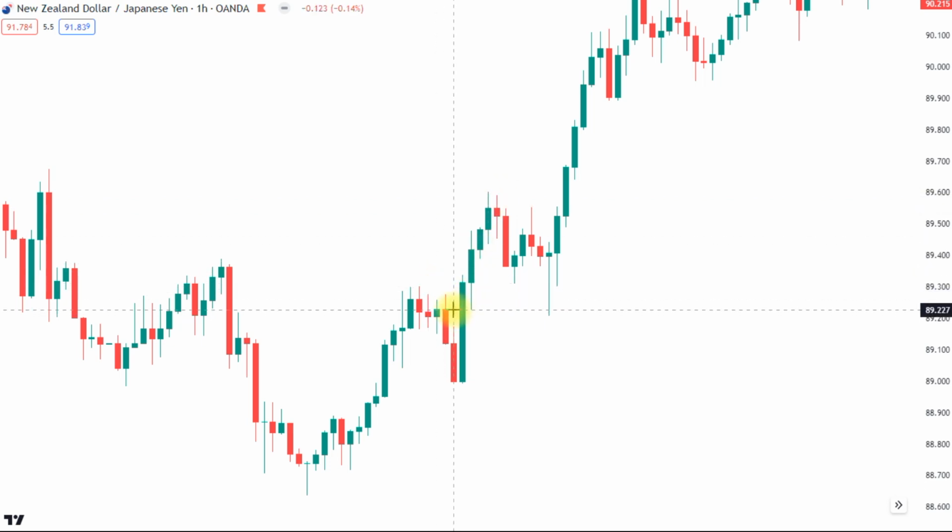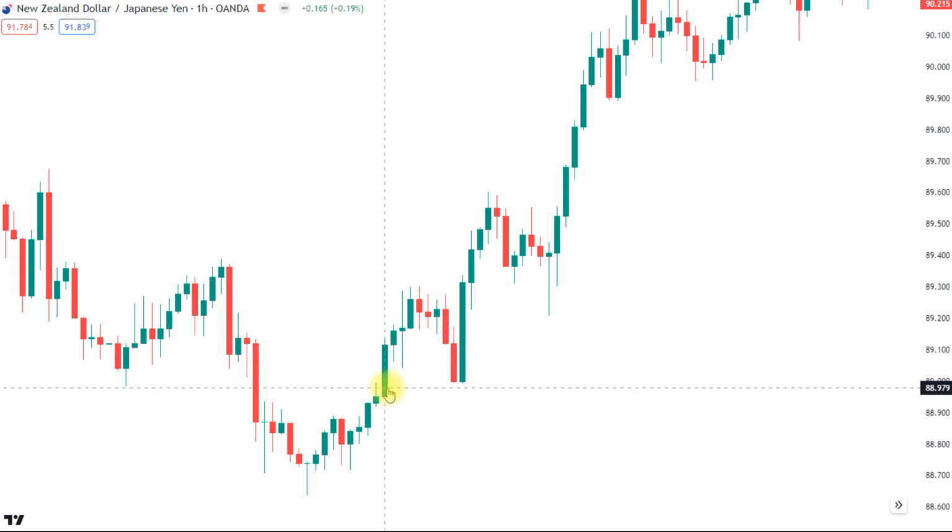But we should always use confirmation before we enter a trade, because as you know, we always have false signals in trading as well. It's not possible to trade without them, but what we manage is to get the highest possibility for a good trade, and this we get through confirming our trade idea before entering.